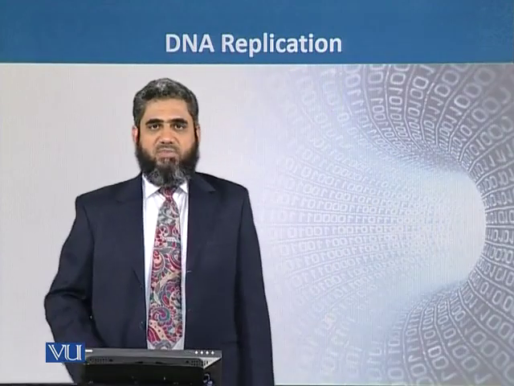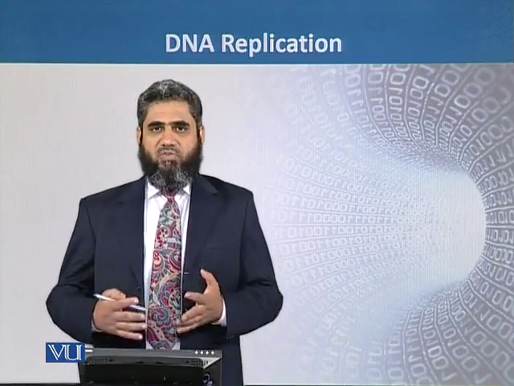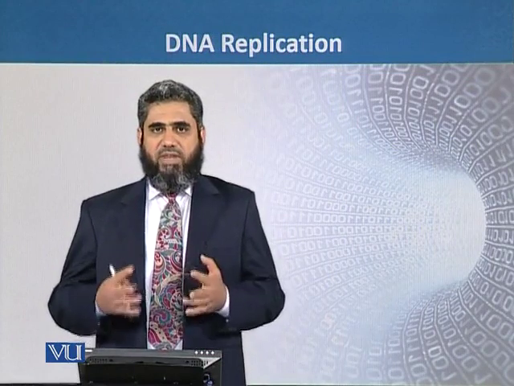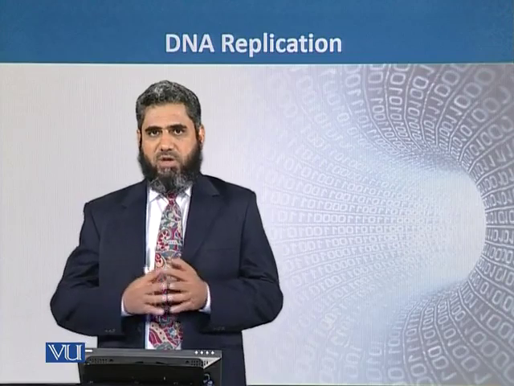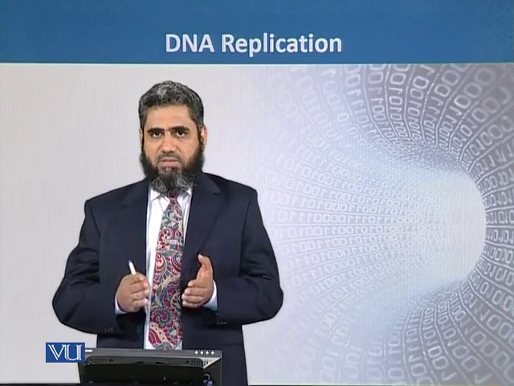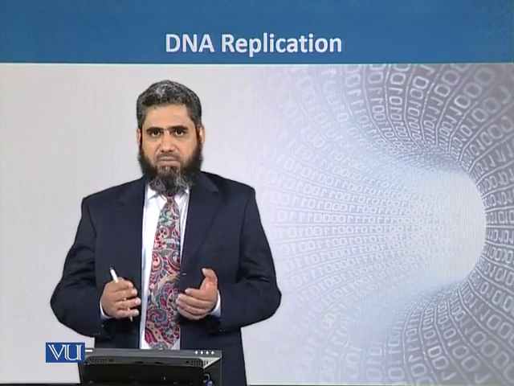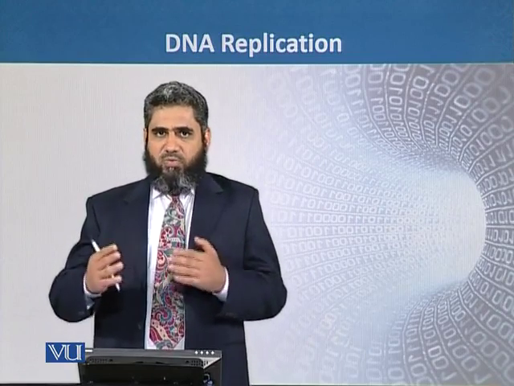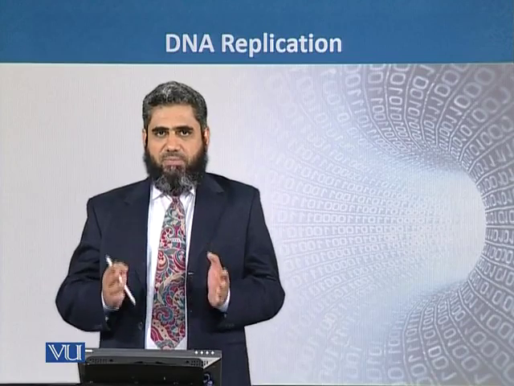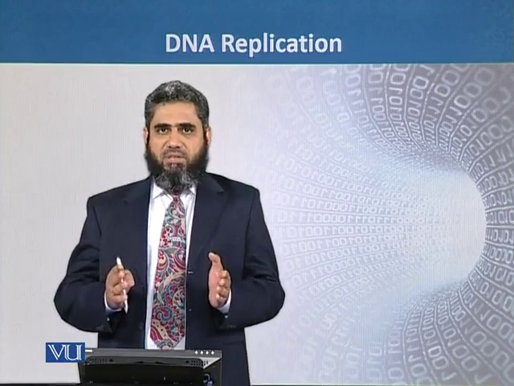So we have seen in this module that the process of DNA replication is a very complex process. And in this process, many enzymes are involved: DNA helicase, RNA primase, DNA ligase, and DNA polymerase. So with the combination of these enzymes, the process of DNA replication is completed.